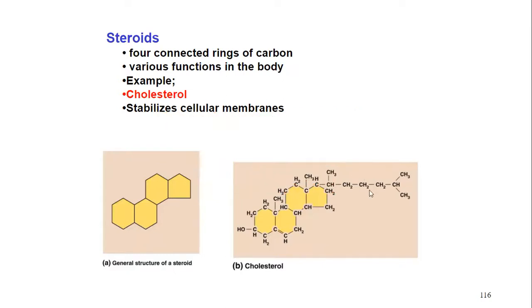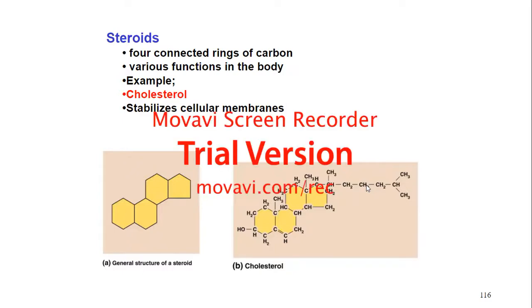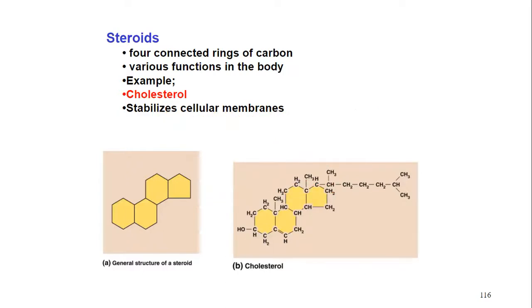Depending on what you add to it, you get the different types of steroids. But just know that we talk about how bad cholesterol is for us, because most of us get too much cholesterol from red meats and things of that nature. But your body needs a certain amount of cholesterol, because cholesterol stabilizes cell membranes.